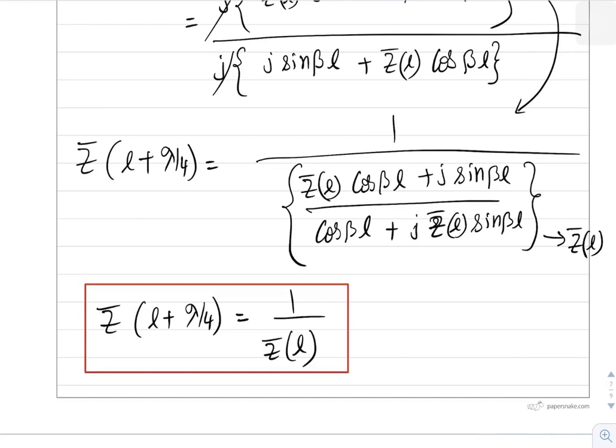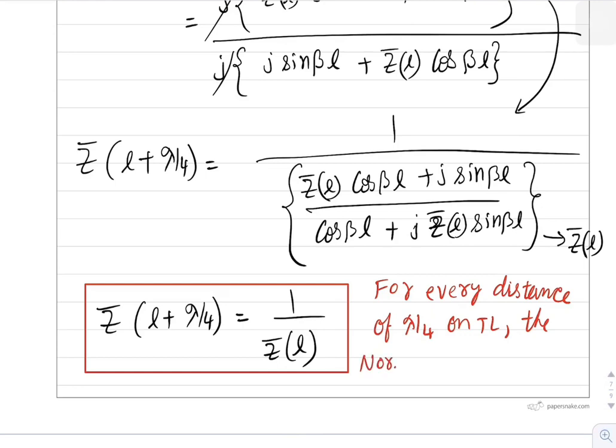Similarly, from that point, again you move a distance of lambda by 4, the normalized impedance again inverts, which is nothing but our first case. So therefore, I can conclude for every distance of lambda by 4 on the transmission line, the normalized impedance inverts itself.